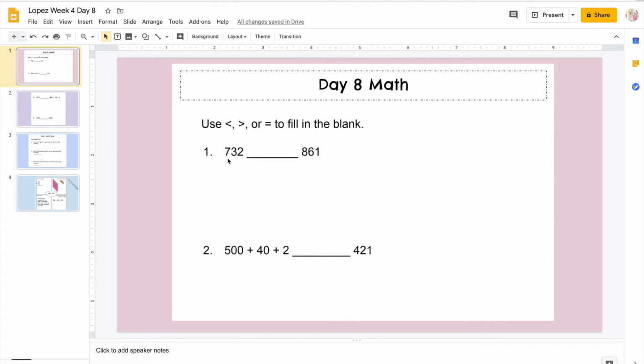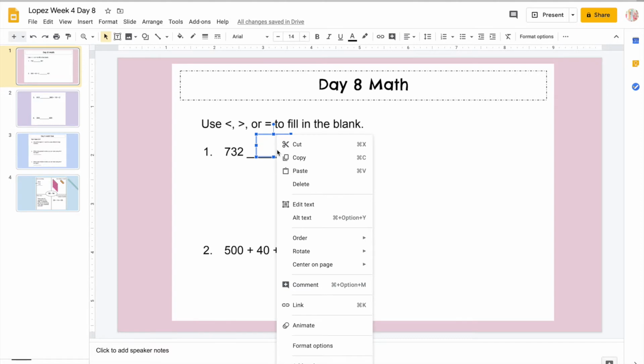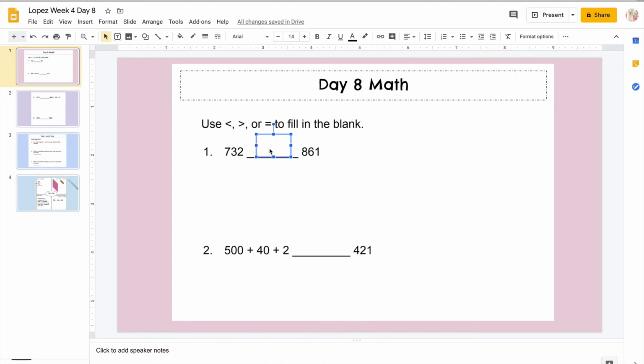So looking at number 1, it looks like we are comparing 732, and we are comparing that to 861. Let's go ahead and start looking at the hundreds column, and we have a 7 and we have an 8. Because they are different numbers, we are able to compare them based off of the difference of the hundreds column, and that can tell us that 732 is less than 861, because remember, we read from left to right.